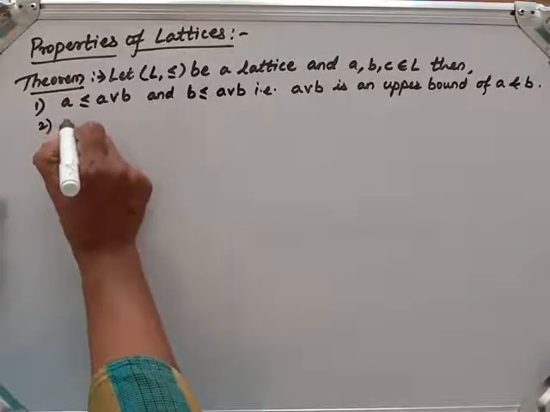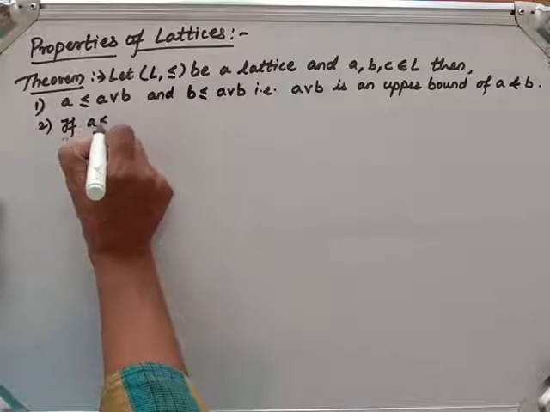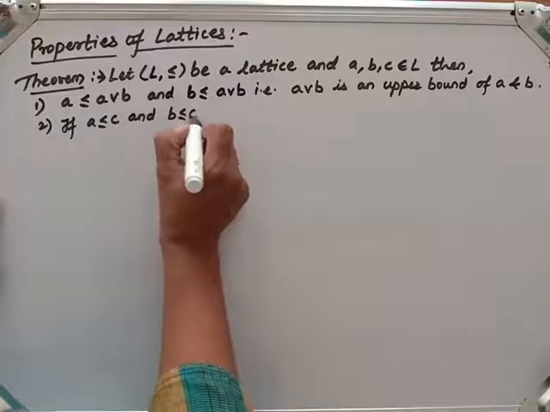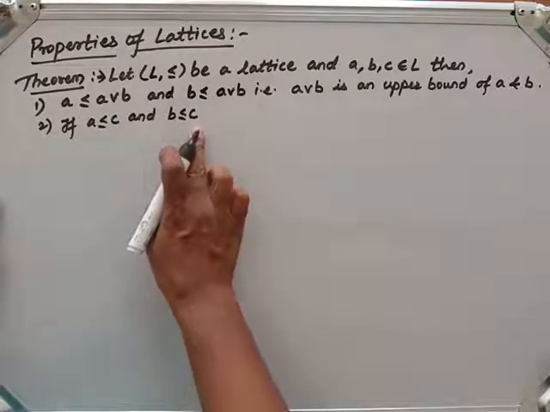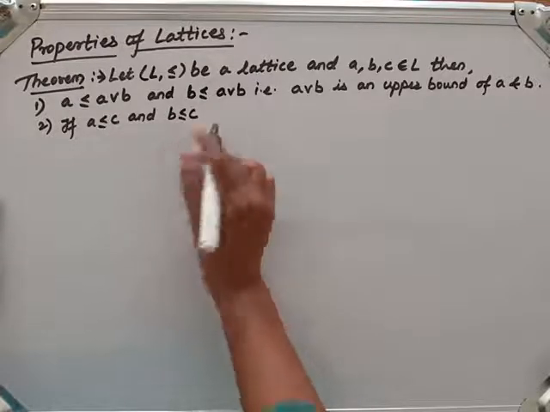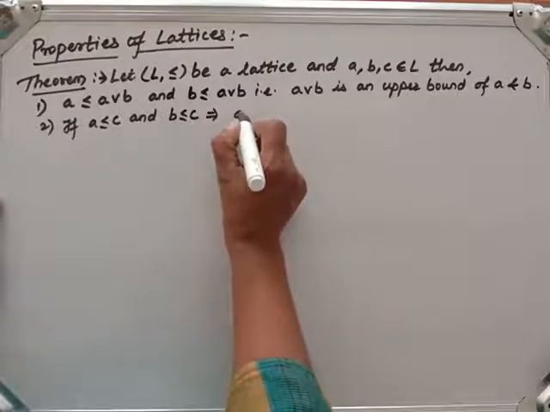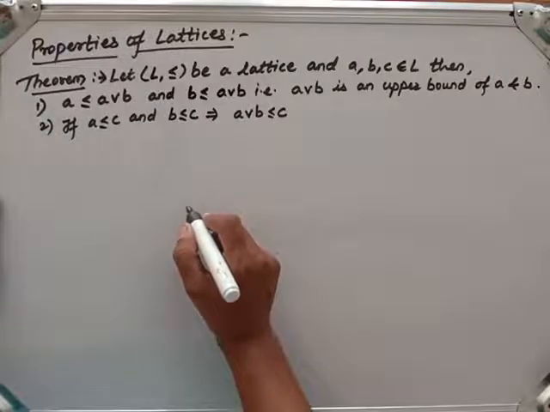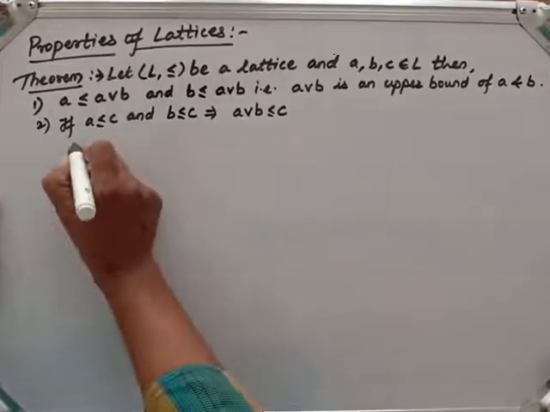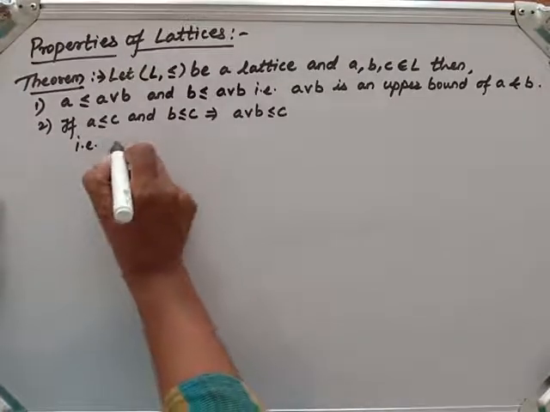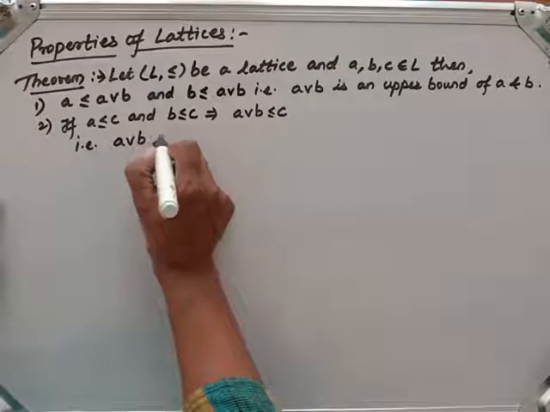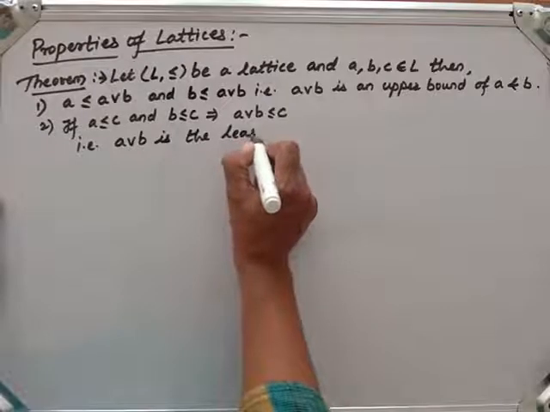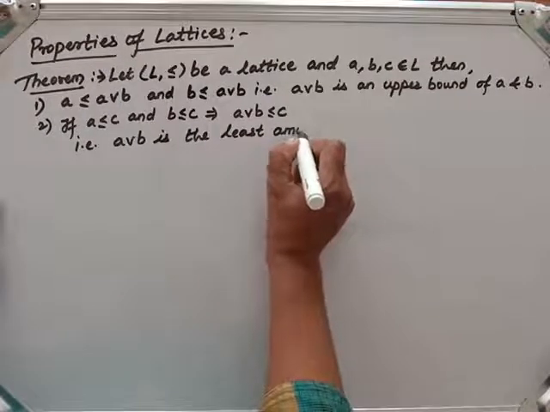The second thing: if A is related to C and B is related to C, meaning C is an upper bound, then A join B is also related to C. So this says A join B is the least upper bound, least among all upper bounds.